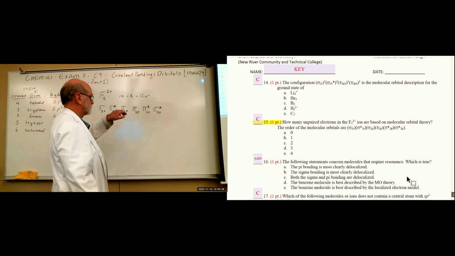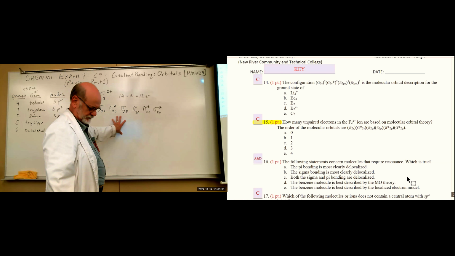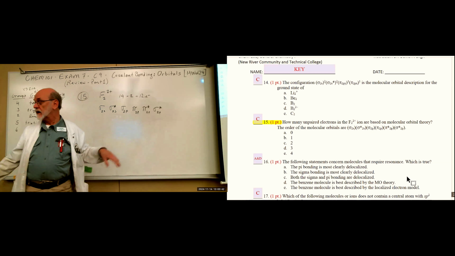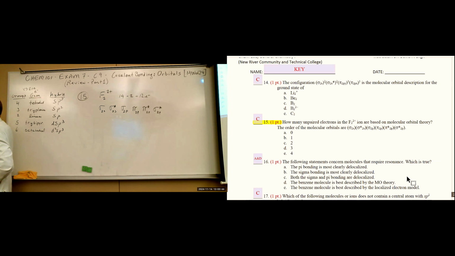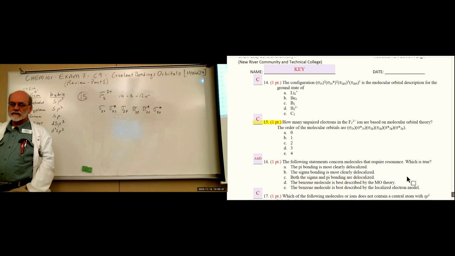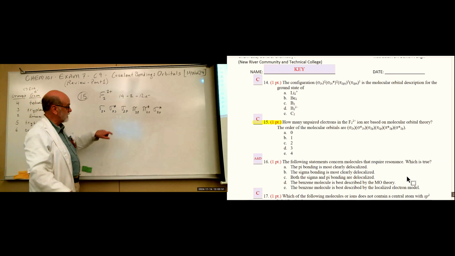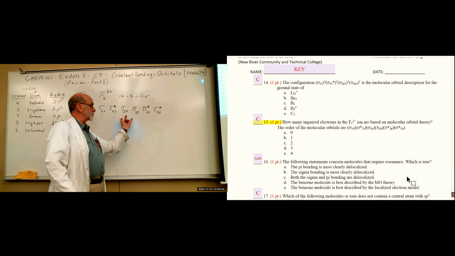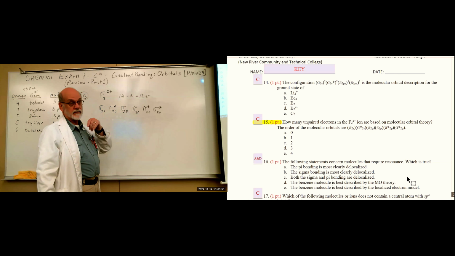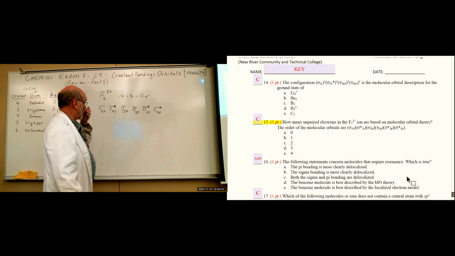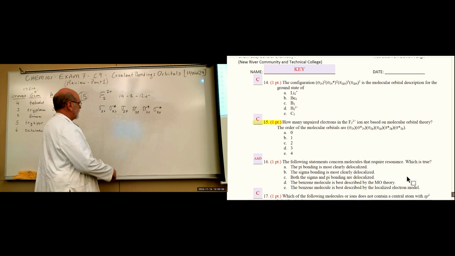So there's no SP mixing for this one. And that stands to reason. Oxygen and fluorine don't exhibit SP mixing. Nitrogen to the left shows SP mixing, which means these two would be reversed. Pi would come first and sigma would come second. But for this one, that's the proper order.